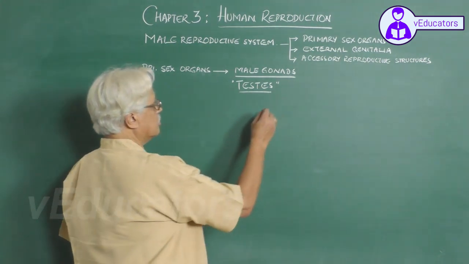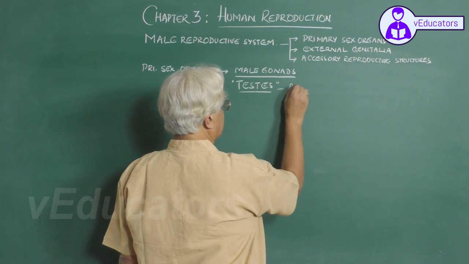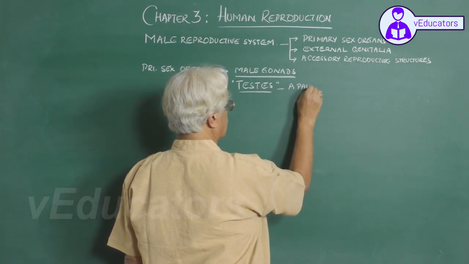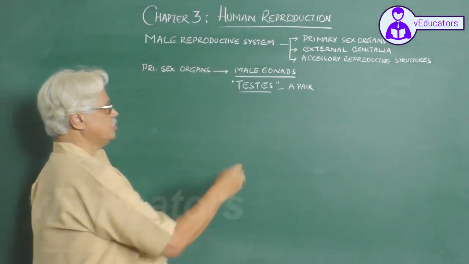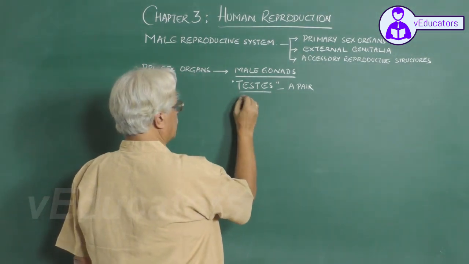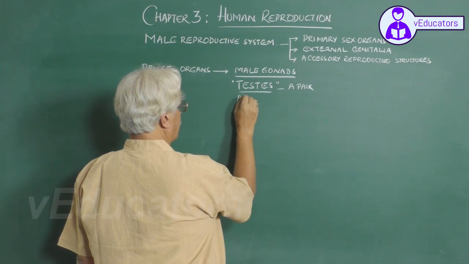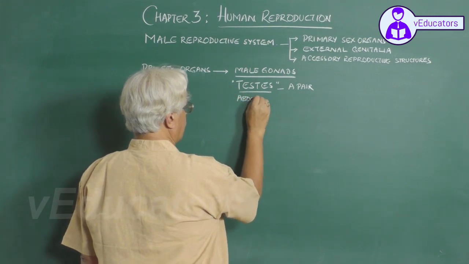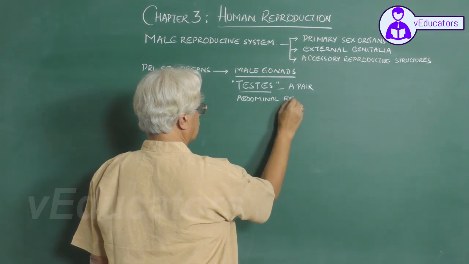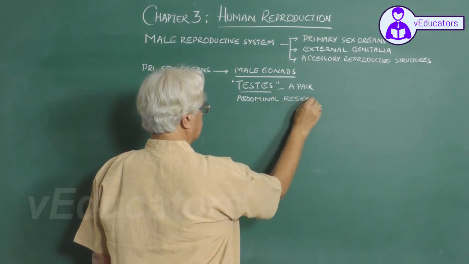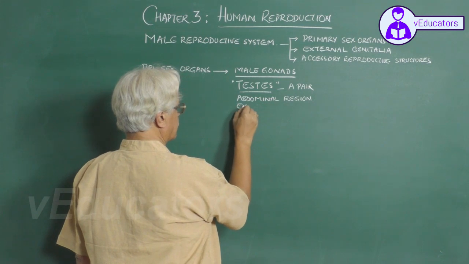So there are a pair of testes situated in the abdominal region externally.